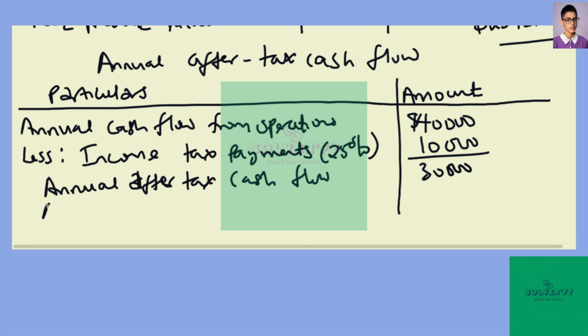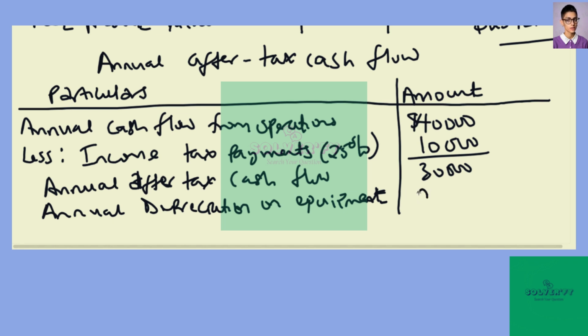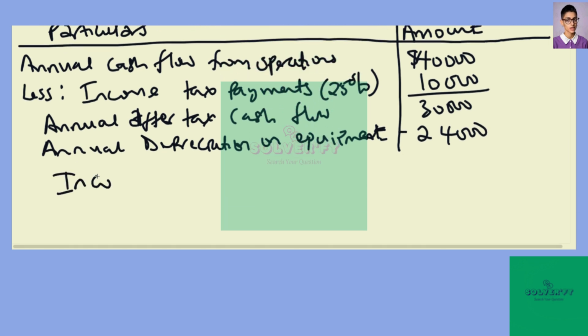So now we add the annual depreciation on equipment. This is basically 120,000 divided by 5 because it's 5 years, right? So when you divide 120,000 by 5, you get 24,000. Then you take the 25% tax on that, and what you get is the income tax cash savings of 6,000.